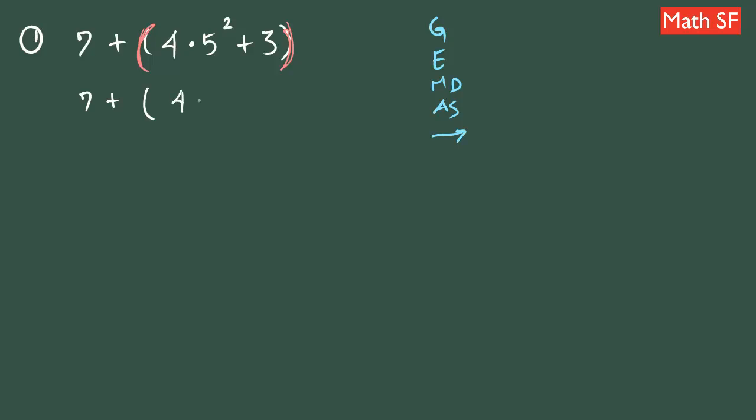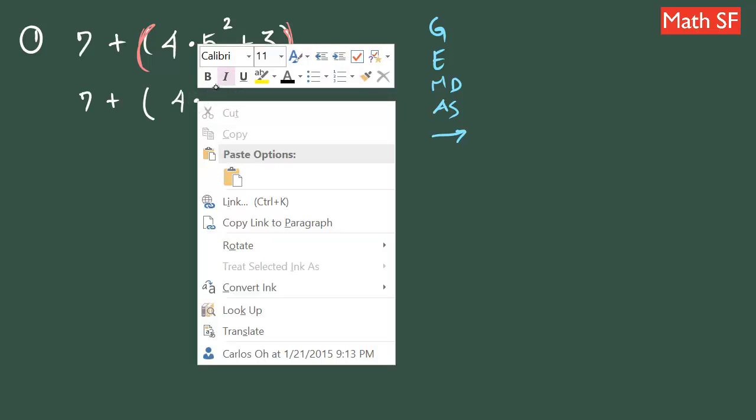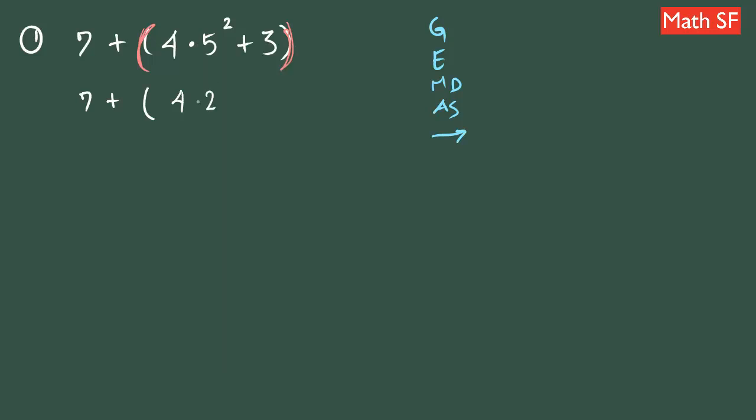Therefore, you're going to have 25. So 4 times 25 plus 3. We're still doing the parentheses. So 4 times 25 should be 100. So you have 7 parentheses and 100 plus 3.